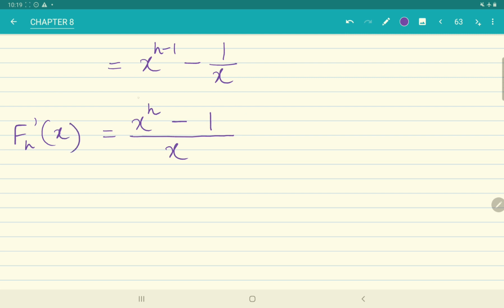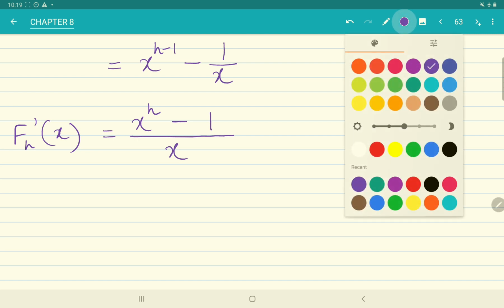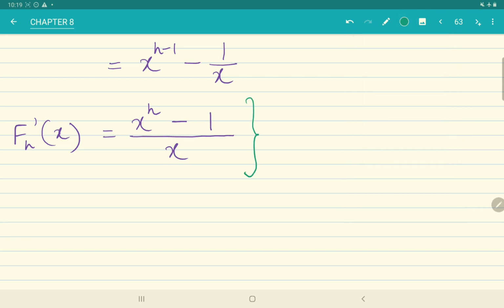And if I want to understand the sign of this function, in fact this is not a function, I mean this is the derivative. If I want to understand the sign of this derivative, I can say that this is less than 0 if 0 is less than x less than 1. So let's understand this. h is again greater than 0.